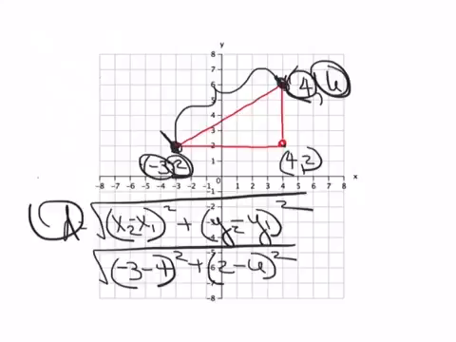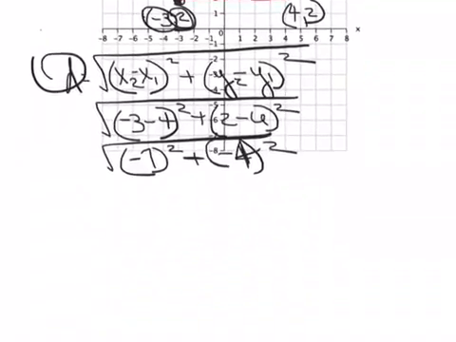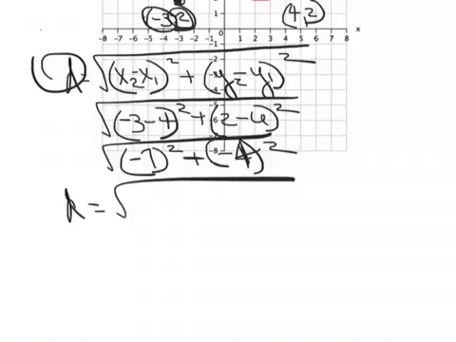Okay, so that gives me the square root of negative 3 minus 4, which is negative 7, squared, and this is going to be negative 4, squared. Okay, and let's move this up. So d equals the square root of 49 plus 16.